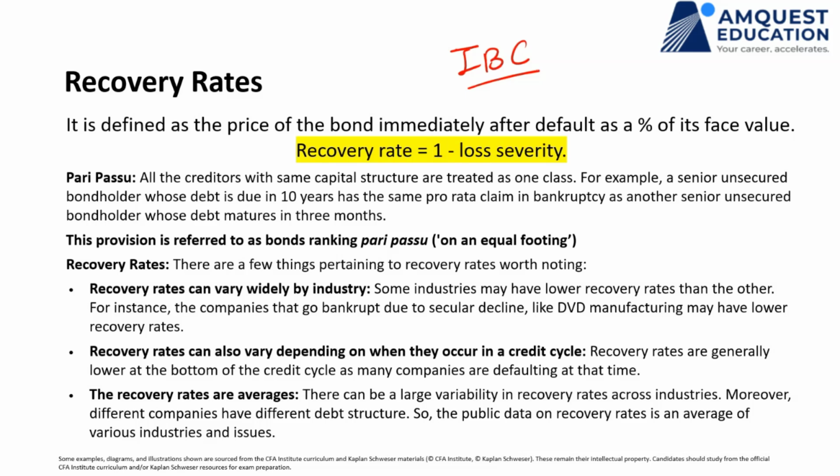The Insolvency Bankruptcy Code resolves a lot of bankruptcy-related cases nowadays in India. And that is where they look at recovery rate. Whom should we give the asset to? We should give the asset to someone who offers us the highest recovery rate.